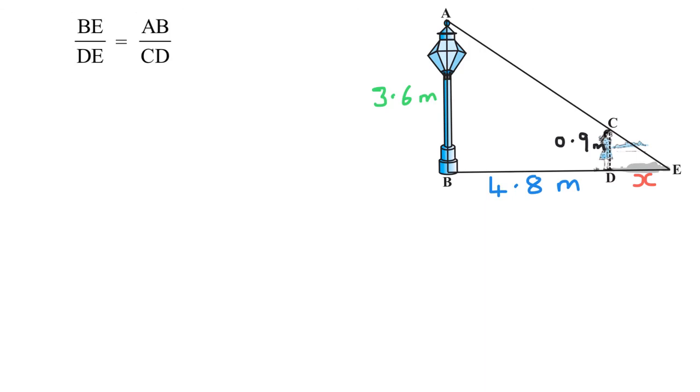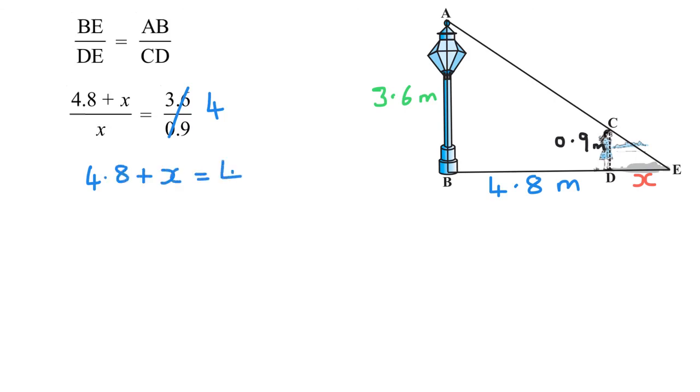So we can easily substitute the values. Now 3.6 divided by 0.9, how much is that? This is going to be 4. So this whole thing is 4. So if we cross multiply, we get 4.8 plus x equal to 4x.